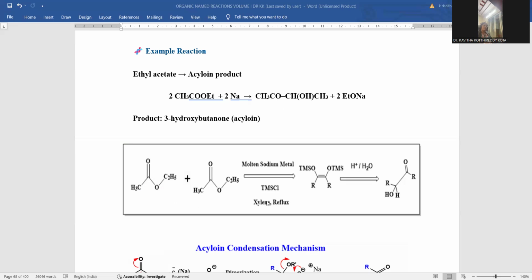Trimethylsilyl chloride is a reagent added, and xylene reflux conditions are required, so that one of the oxygens present is protected with TMS, and the other oxygen also with TMS. Here the double bond originates. Protonation followed by aqueous conditions, you can notice the alpha hydroxy ketone, which is a kind of acyloin.